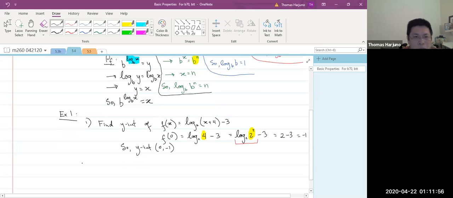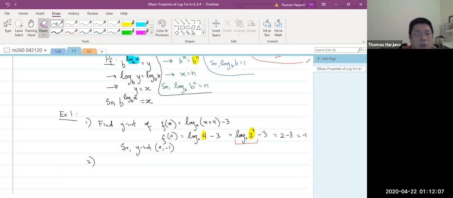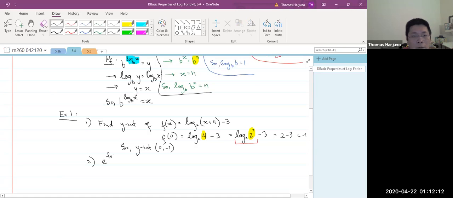Then how about if we have e to the natural log of x squared?